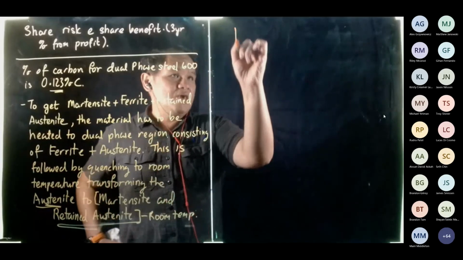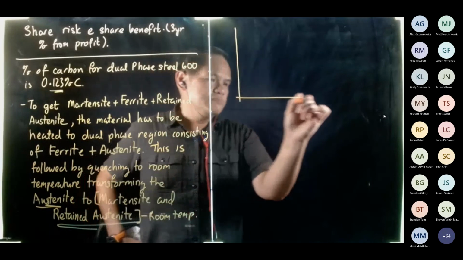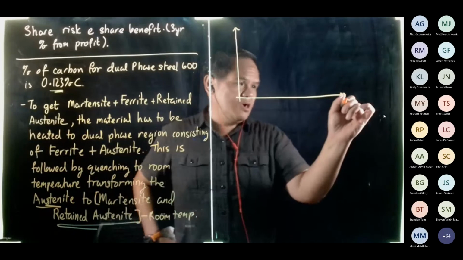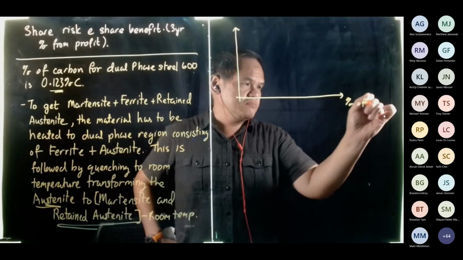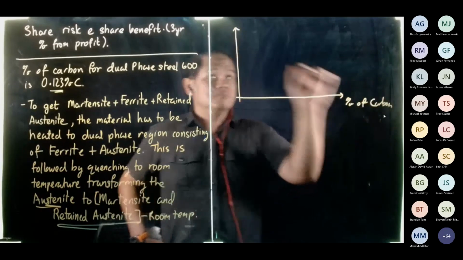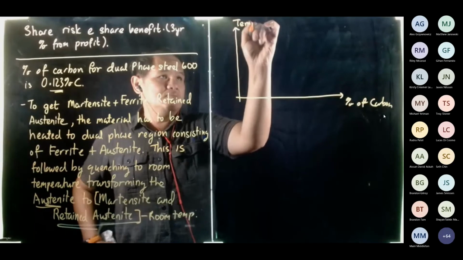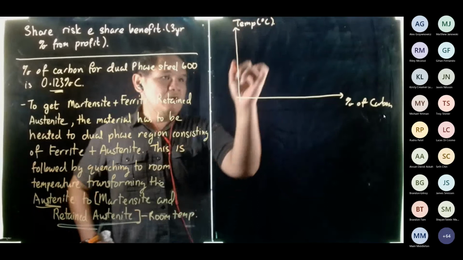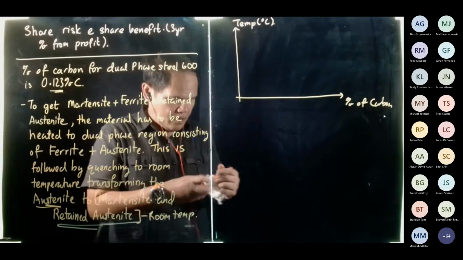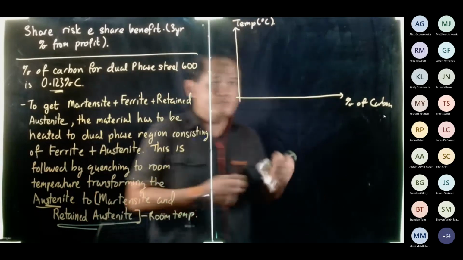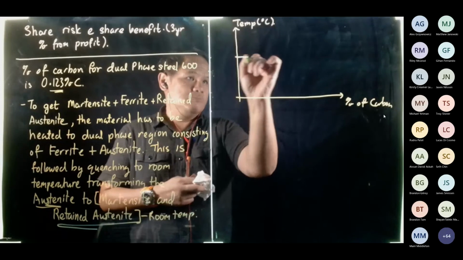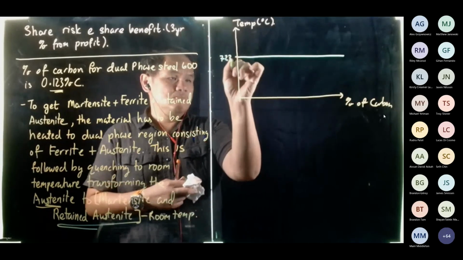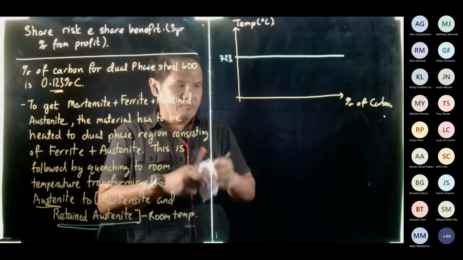So if we look at the phase diagram, you have percentage of carbon, you have temperature in degrees C. Then you're going to have your 723 line.